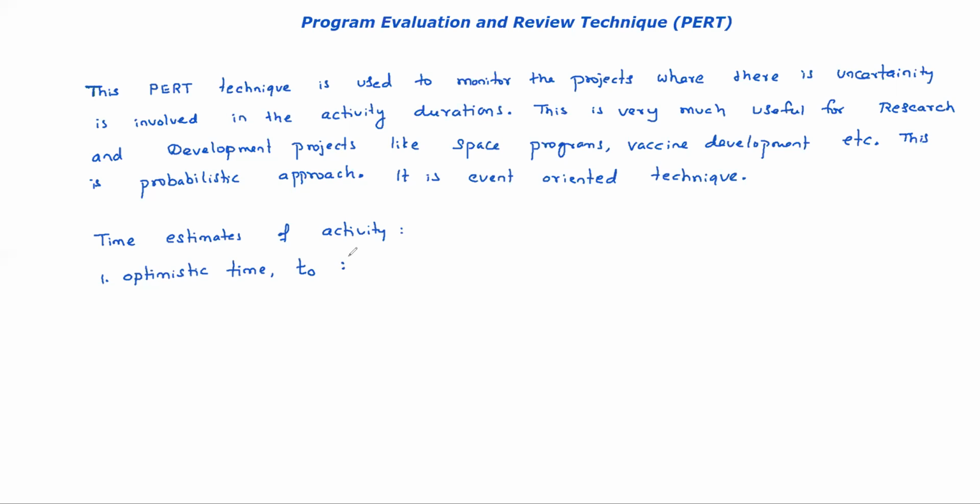Optimistic time of an activity means if everything goes right, that means the conditions are ideal, luck favors, then you can complete the activity as early as possible. Least possible time. If luck favors, if conditions are ideal, then this time estimate is called optimistic time. So you can note down that.